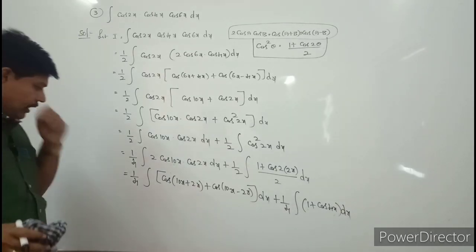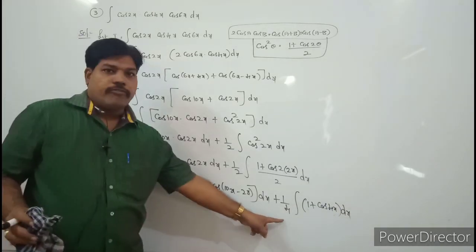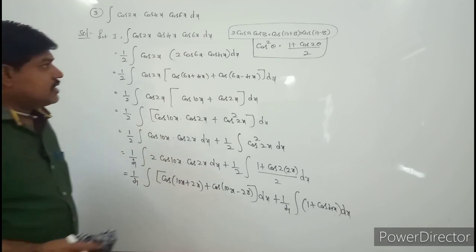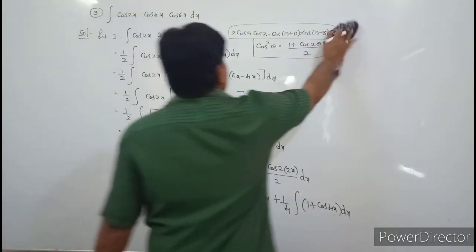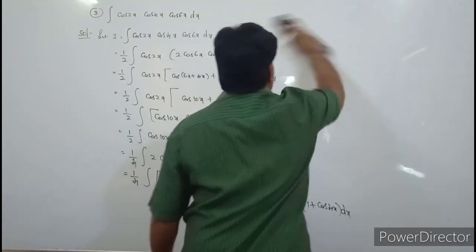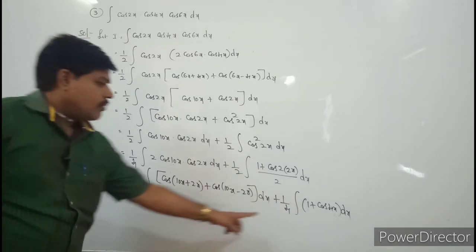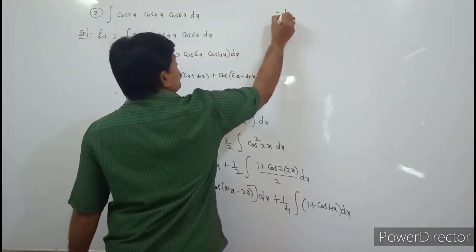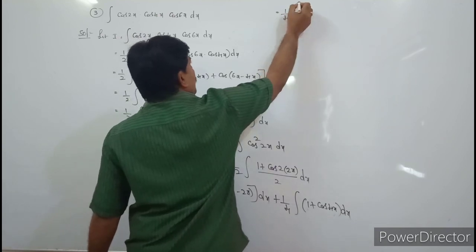Here it is 1 by 4 and it is also 1 by 4, so you can take that 1 by 4 common for all the terms. See that step. So that is equal to 1 by 4 taken out.